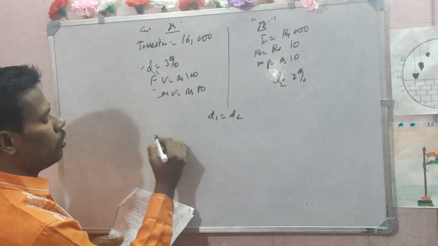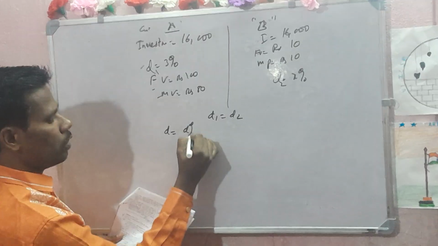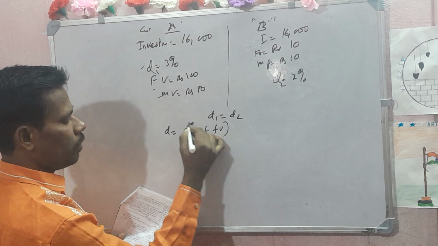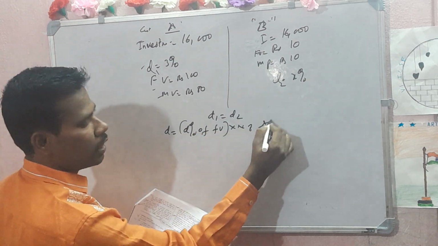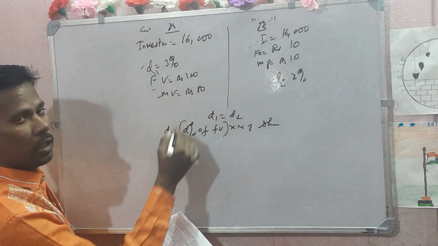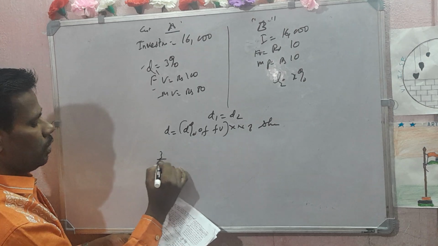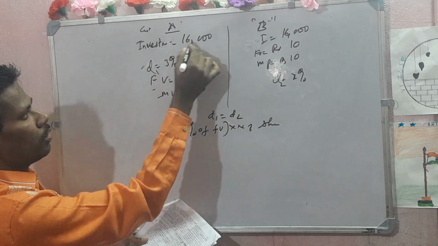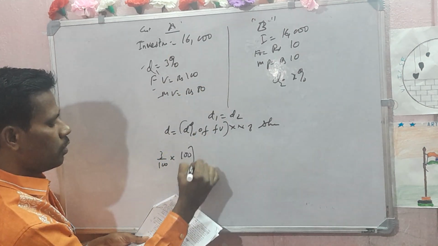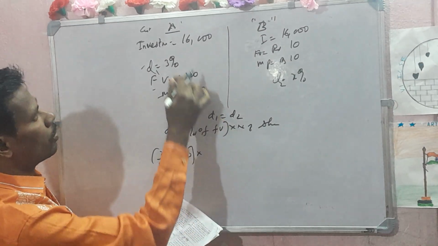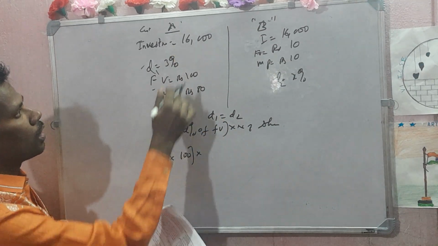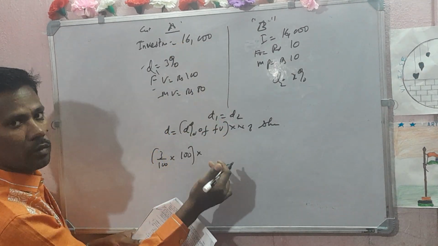So very simple. Go for the basic formula. D is equal to dividend percentage of face value into number of shares. For this, 3 by 100 into face value, 100, into number of shares. Do you know the number of shares?